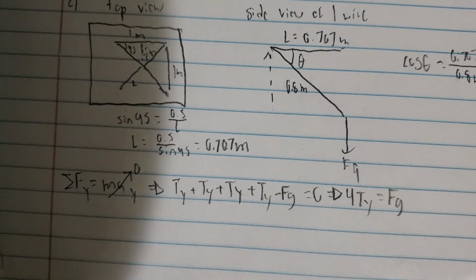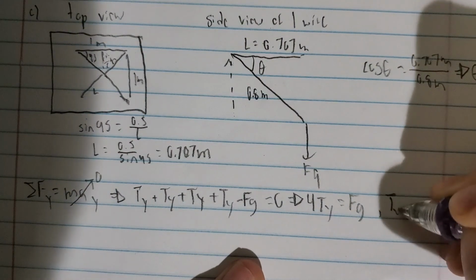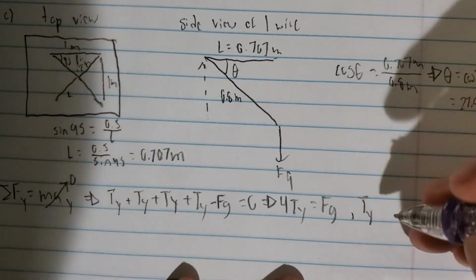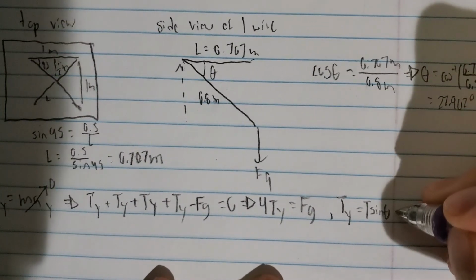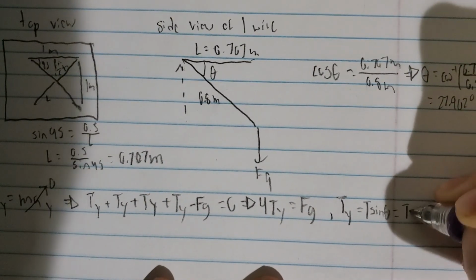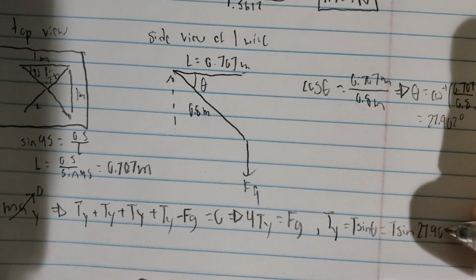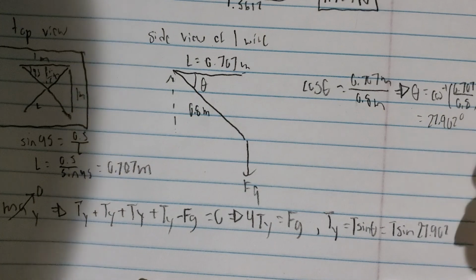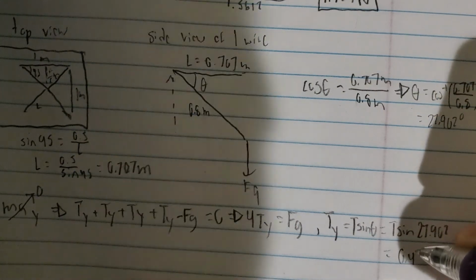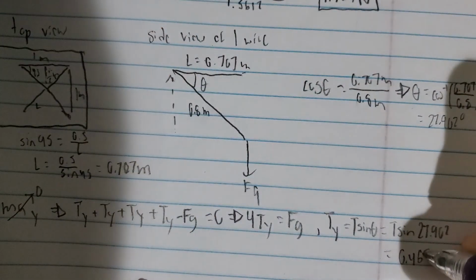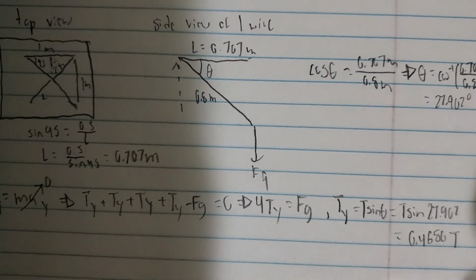Now I have to define my ty to the side. My ty in terms of t is going to be equal to t sine theta, so t sine of the angle, 27.902. Plugging into the calculator, we get 0.4680 t. That is our ty in terms of t.